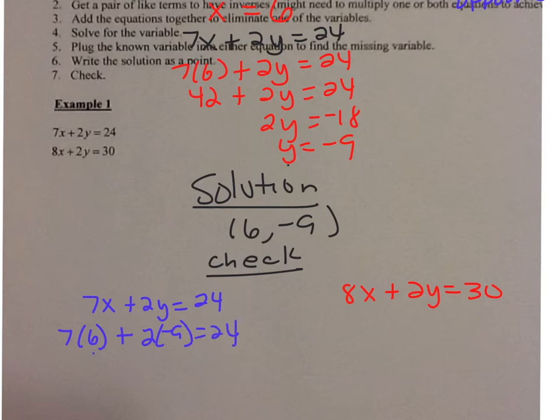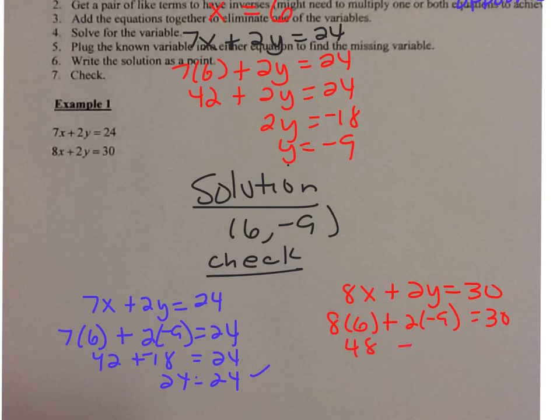So we have 42 minus 18, sorry, equals 24. 42 minus 18 is 24, equals 24, and that checks. And then let's check the other one. So it's 8 times 6 plus 2 times negative 9 equals 30. That's 48 minus 18 equals 30. 30 equals 30. And that checks.